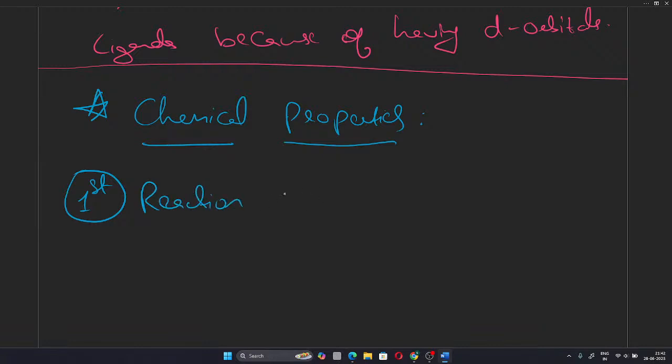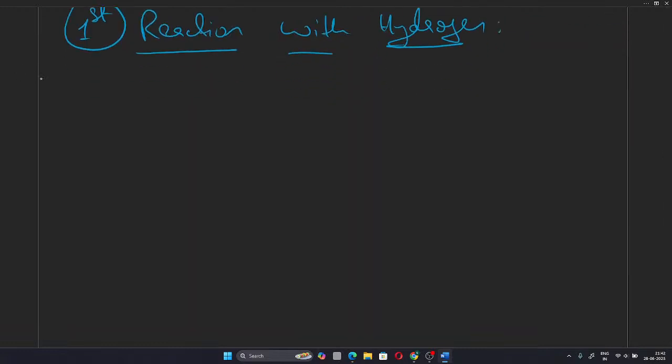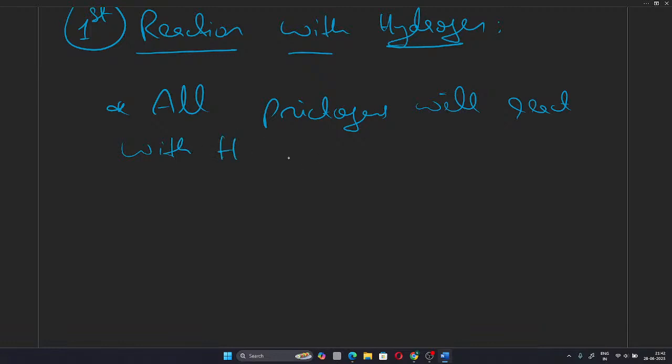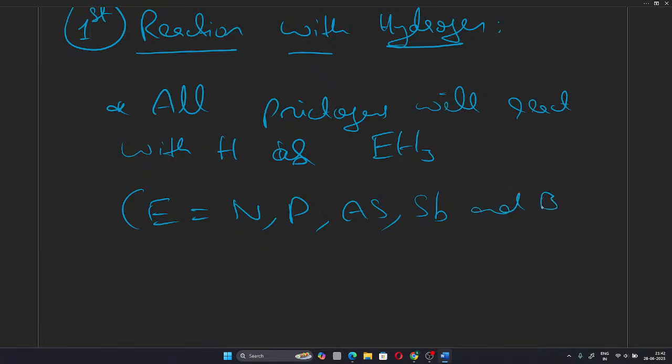Reaction with hydrogen. So all nitrogen group elements will react with H as EH3, where E equals N, P, arsenic, antimony, and bismuth.